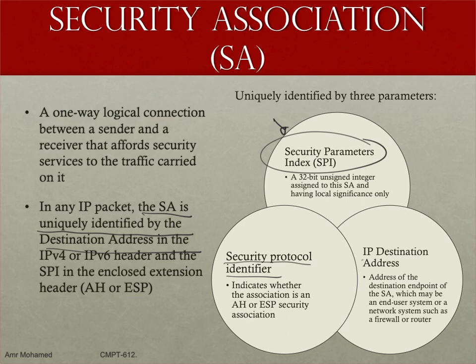And of course, the IP destination address, which is stored in the outer IP header, or in the original IP header in the case of transport mode. So these three values exist in the header. I can fetch these values from any packet. And this way I can identify whether this is AH or ESP, and I can fetch the security association, which contains all the security context, from the security association database, using this security parameters index.